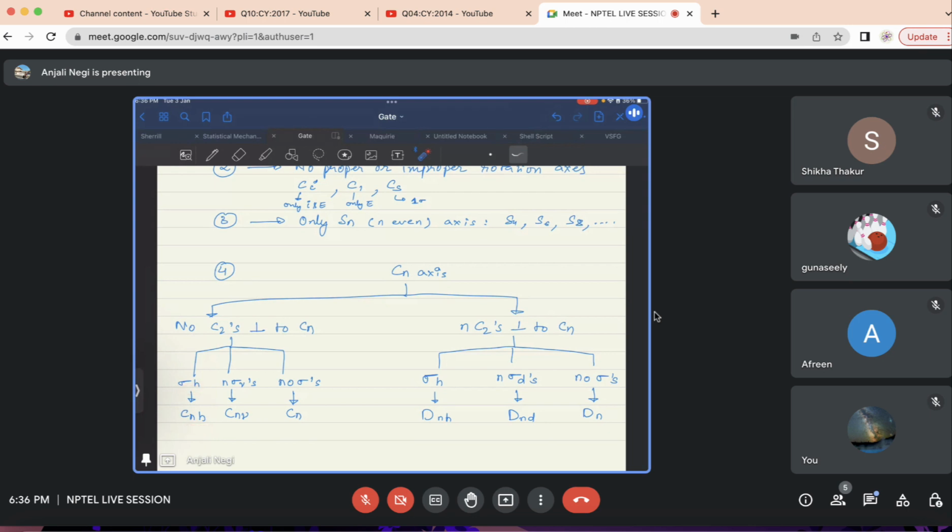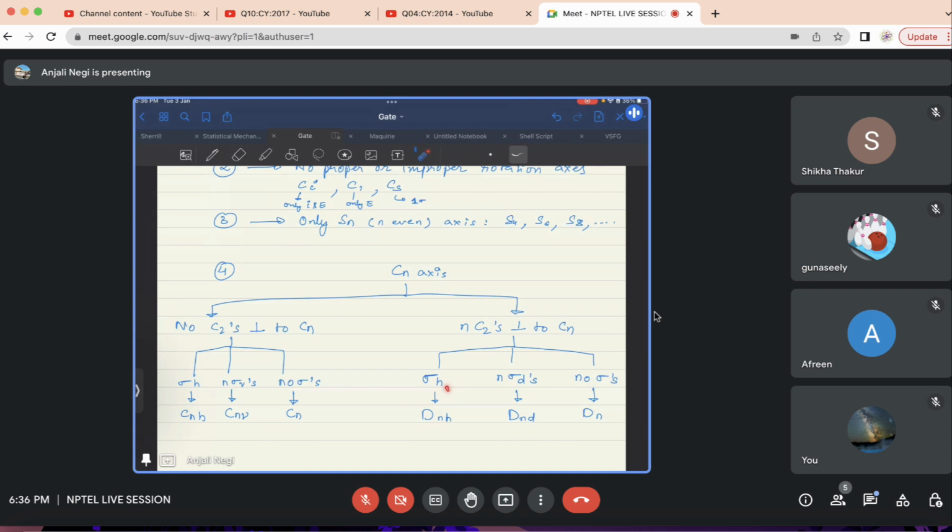Okay, in a similar manner, here we have a D type point group, where my nC2 which are perpendicular to Cn can be divided into either Dnh, when my sigma h, which is horizontal to the principal axis, one plane is present.